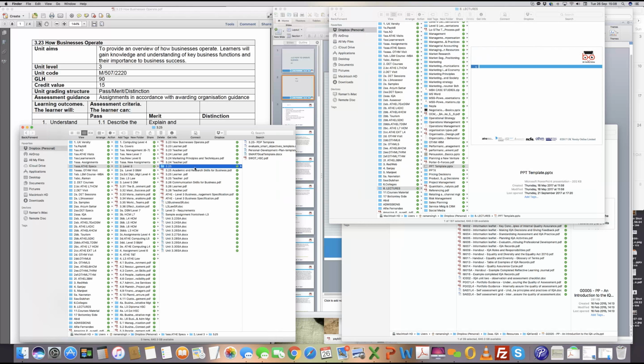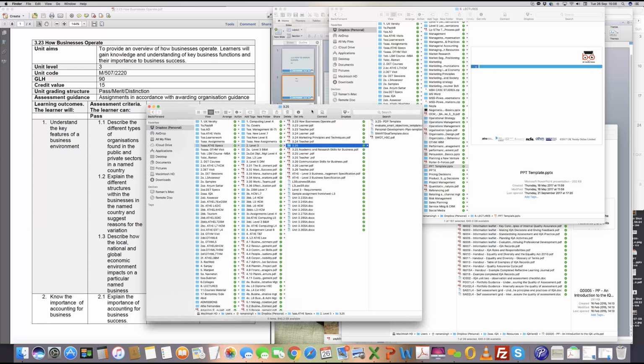So the first unit that we're going to study, which is 3.23, is primarily looking at how businesses operate. That means once you've formed a business, once you've started a business, how do we look at key things like ownership, the operational issues, a bit on understanding how finances within the business come in, and then at some stage, we look at resources.